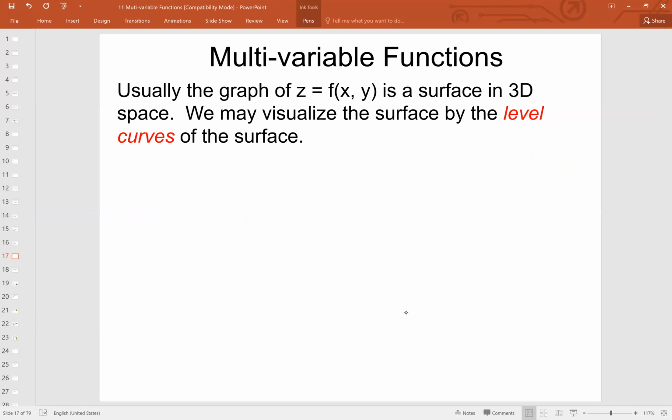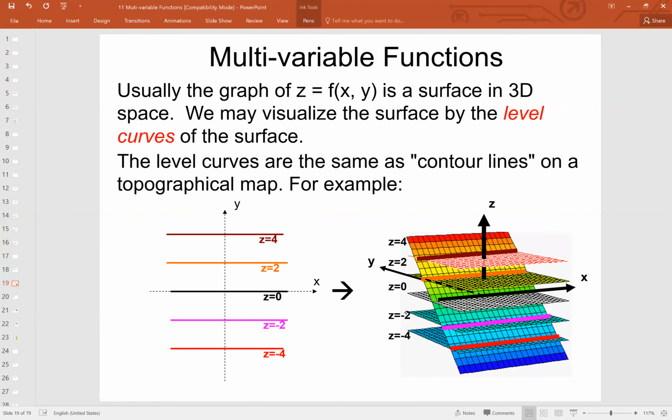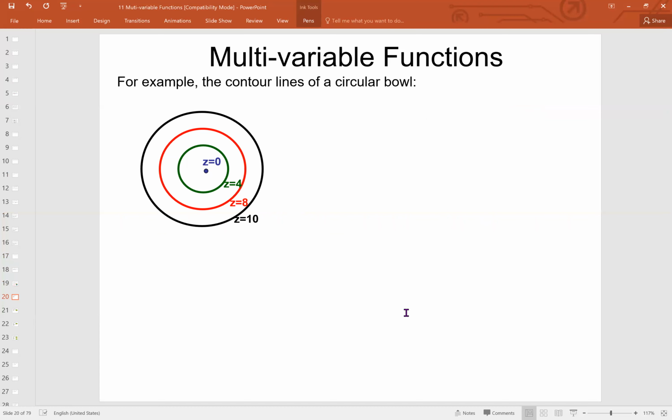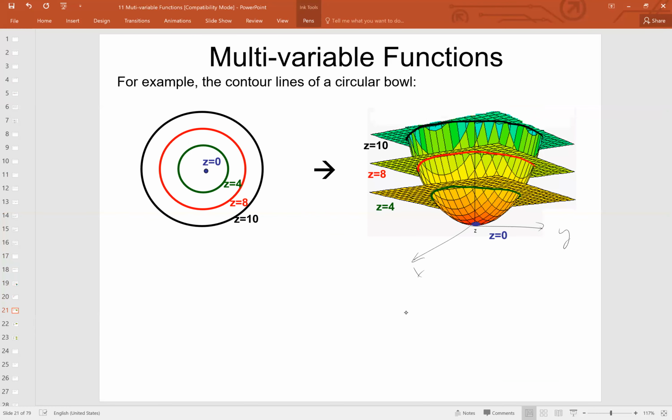To see the graph of two-variable functions, we did that before when we talked about level surfaces. That is, we assign different numbers to z, then we see the contour lines. Here are examples of contour lines for a plane. And this is another example of contour lines. As z goes from the center, it goes higher and higher.